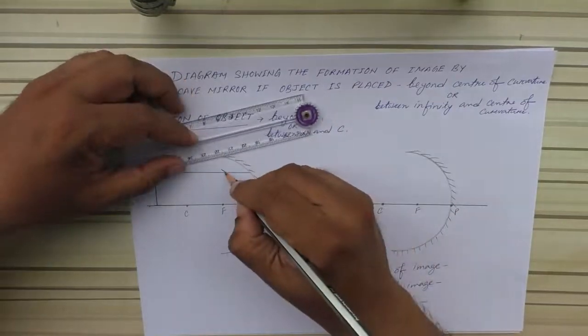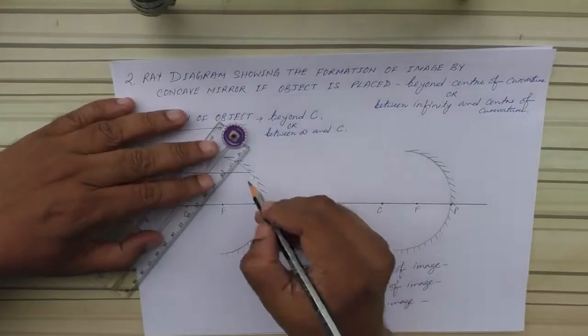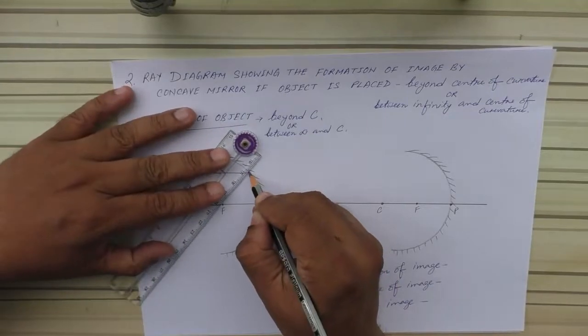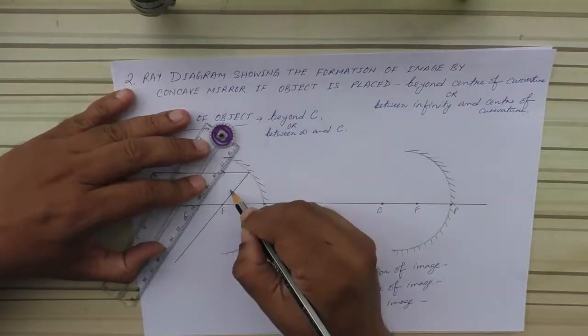We know what will happen to this light ray after reflection. After reflection, this light ray passes through the focus.